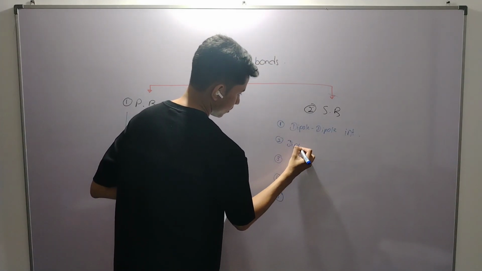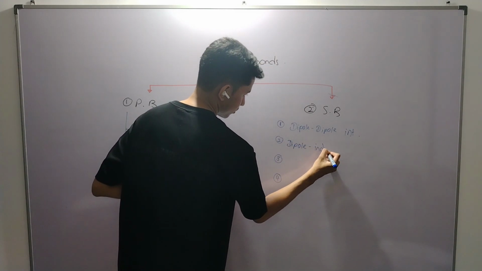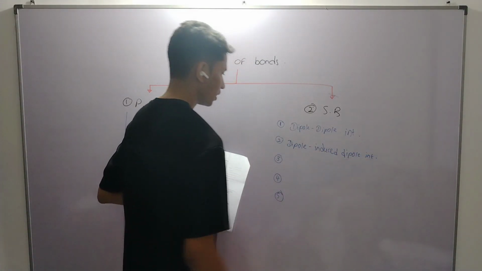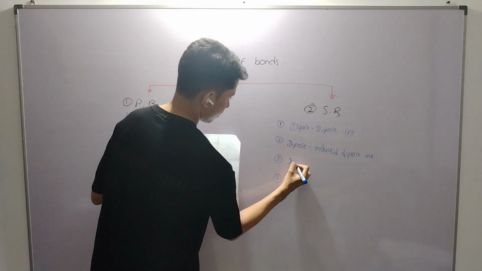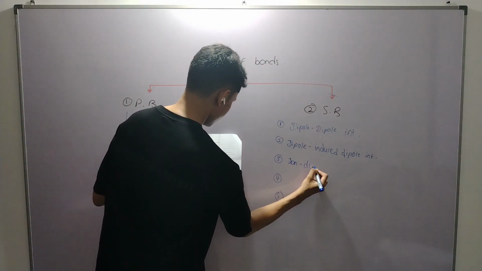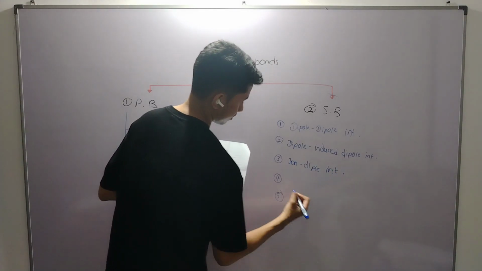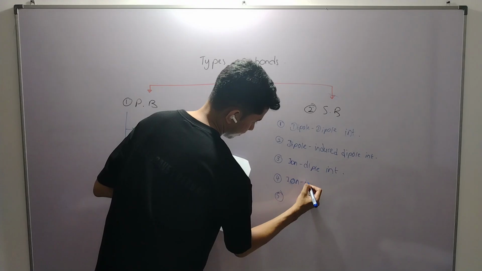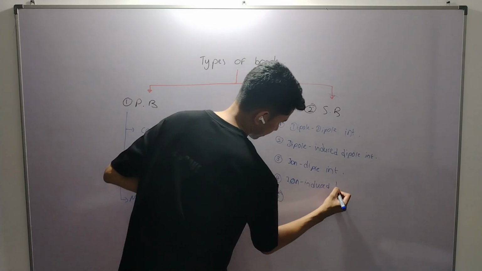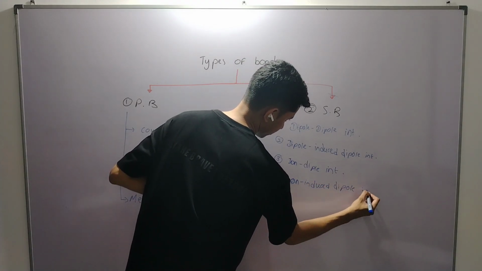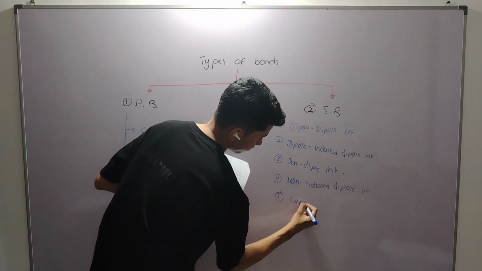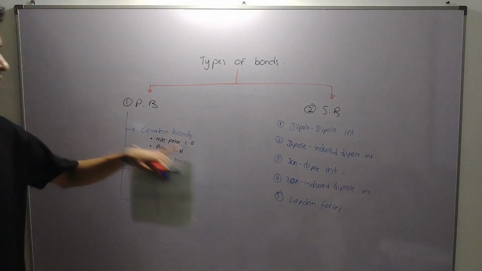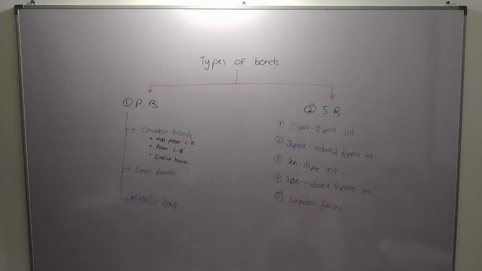Next we have dipole-induced dipole interactions. Next we have ion-dipole interactions. Then we have ion-induced dipole interactions. Then we have London forces. So take this down.